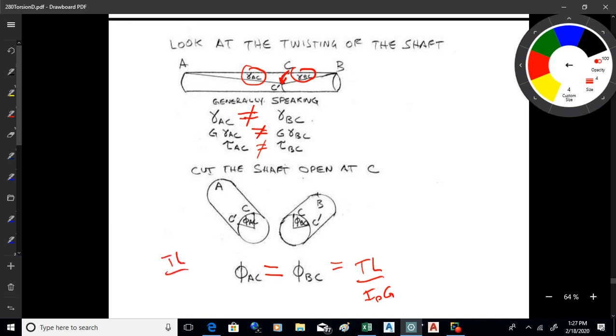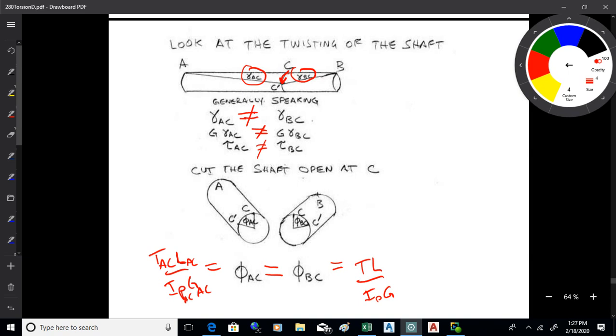So what you can do is use this to get those internal torsions, because generally speaking, the length will be dimensioned in some fashion. If you know the dimensions of the shaft, you can find I. And if you know the material properties, you can get G, okay? So what you can then do is find those internal torsions in the shaft, which we call T, of course. And those internal torsions equal the reactions, okay?